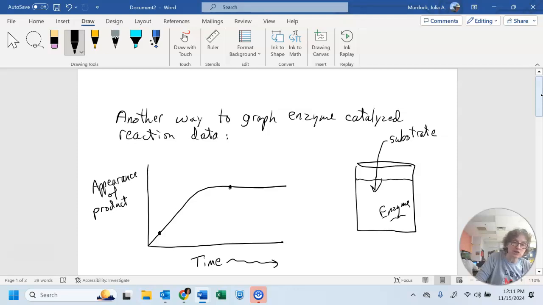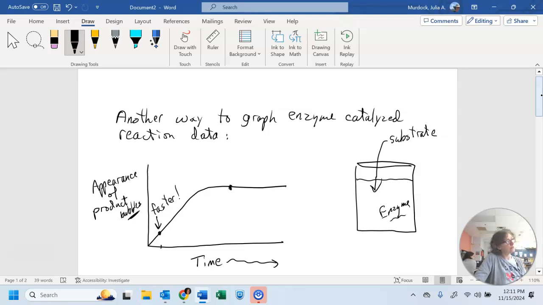Is the rate faster here, or is the rate faster here? Yeah, so here it's faster. Yes. It's faster here because amount of product, let's say, I don't know, bubbles. Amount of bubbles per minute, right, whatever that is, that's slope. The slope of the line equals the rate of the reaction.